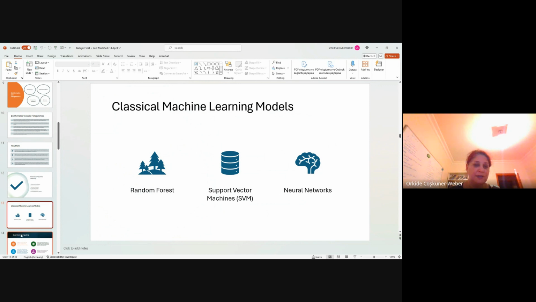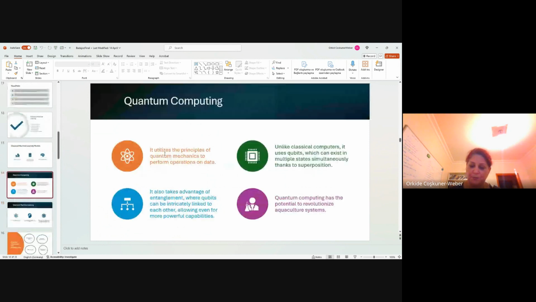A new technology that is used more and more currently is quantum computing. We started also with quantum computing studies. Quantum computing utilizes the principles of quantum mechanics to perform operations on data.